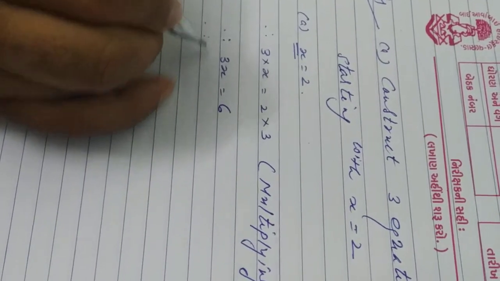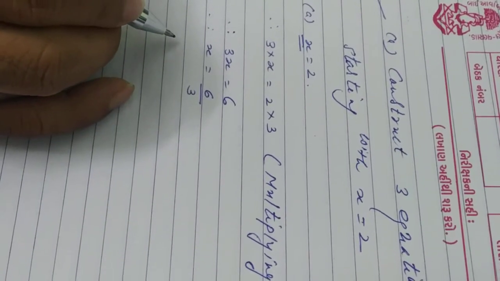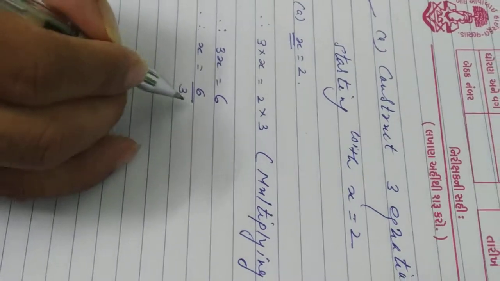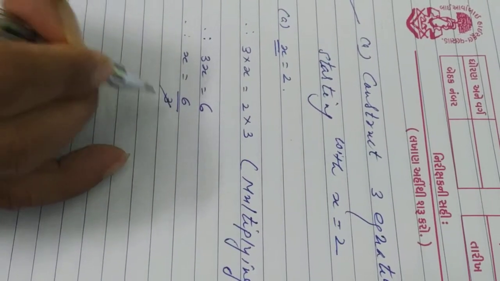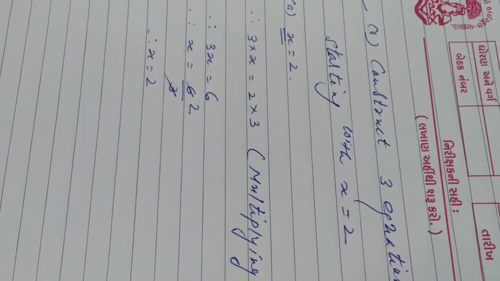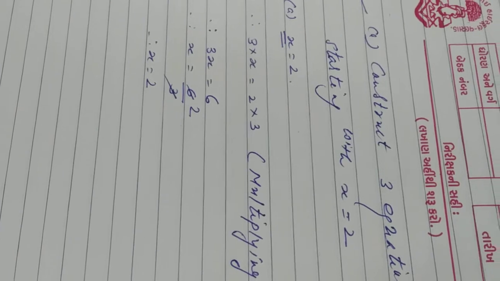Got it? Therefore x is equal to 6 upon 3, right? So 3 2s are 6, so therefore x is equal to 2, right?